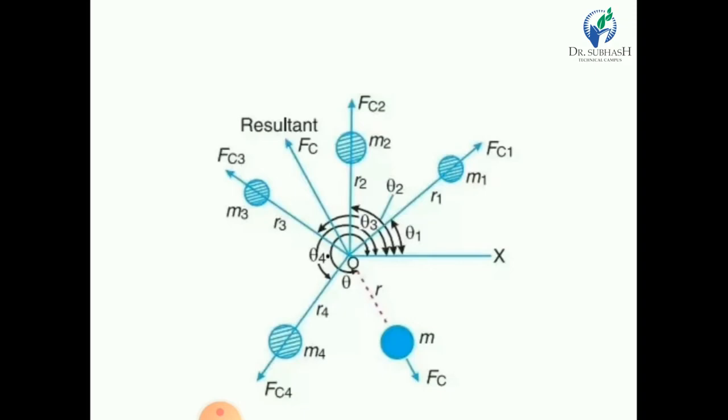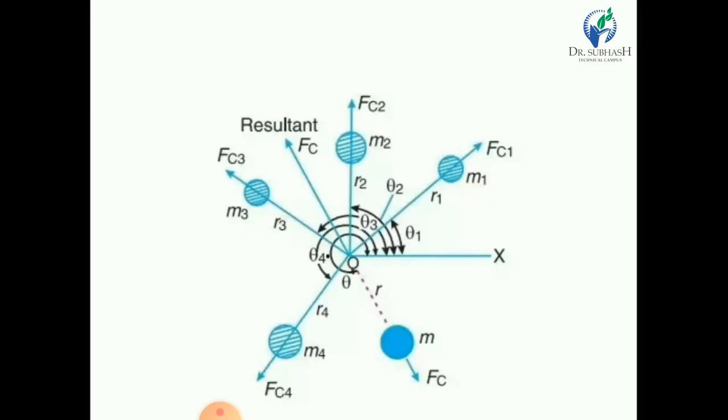Now because of rotation, the M1 mass is rotating with angular speed omega. These four masses are rotating with the same angular speed omega because they are attached on the same shaft.